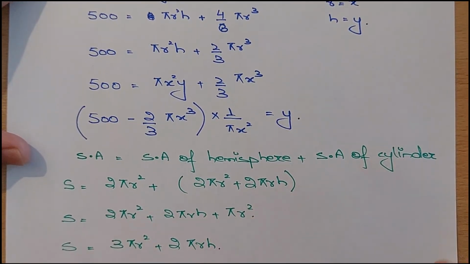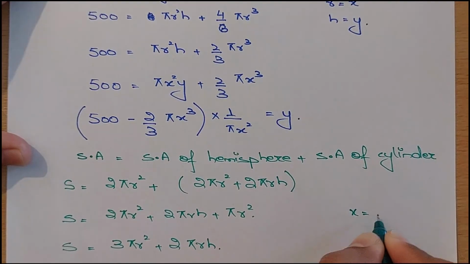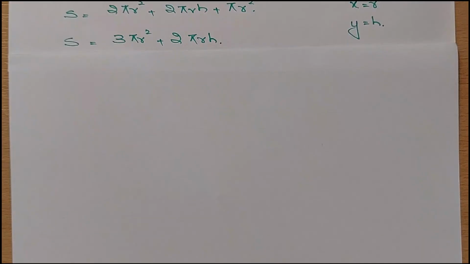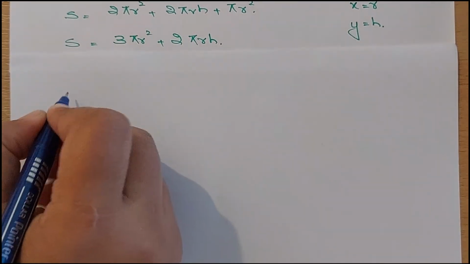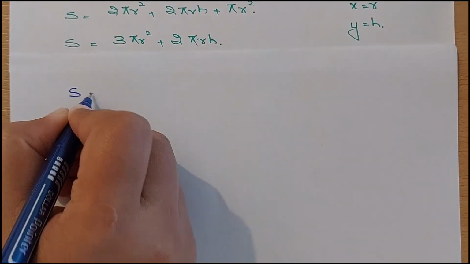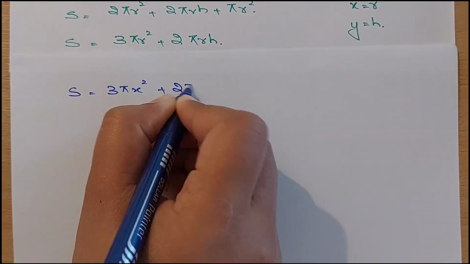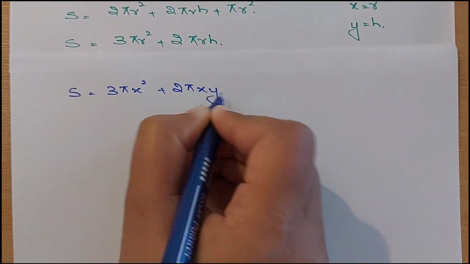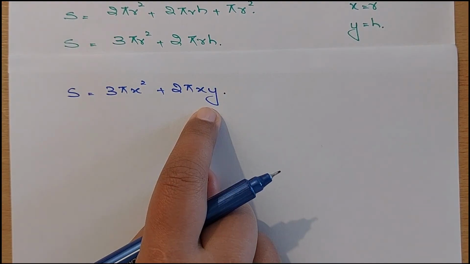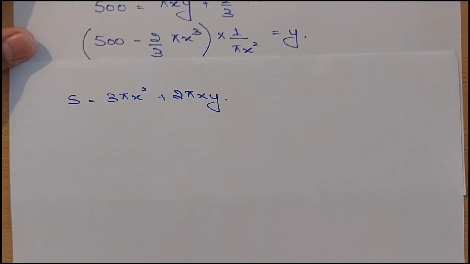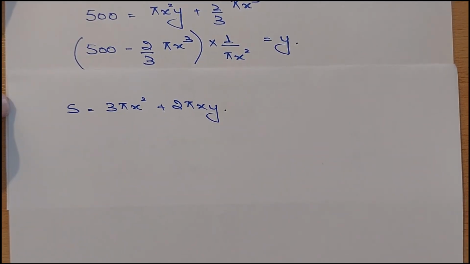Again, we have to replace the variable r with x and h with y, right? So after replacing, we get the surface area is 3 pi x squared plus 2 pi x y, and we have to substitute the value for y, as we know that y has this expression, we just got it.